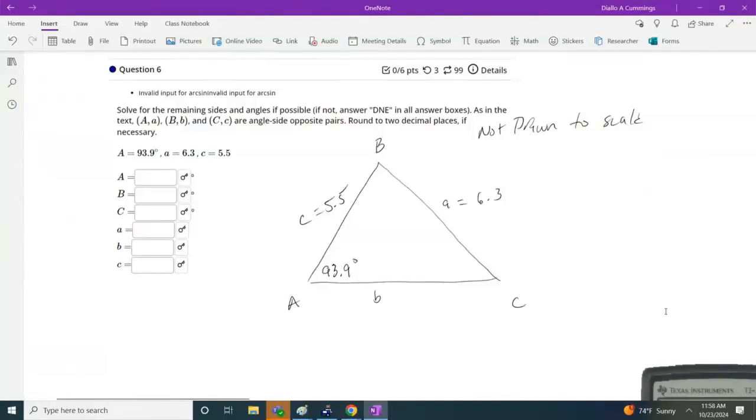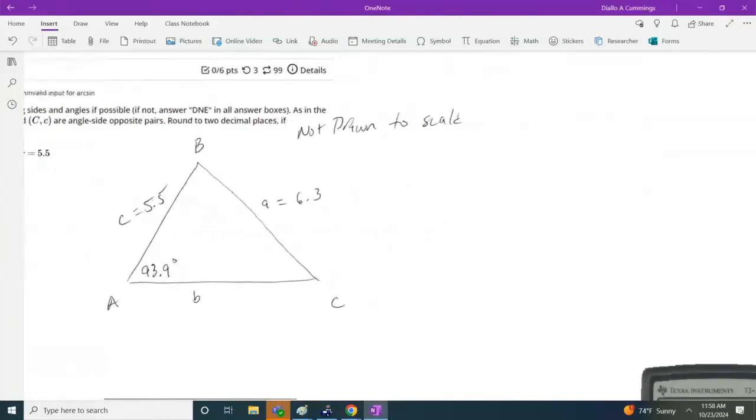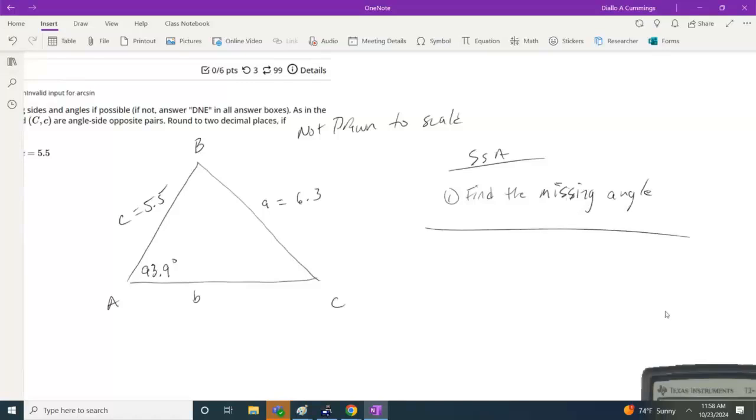The first step says to find the missing angle. Well, I actually have 2 missing angles.